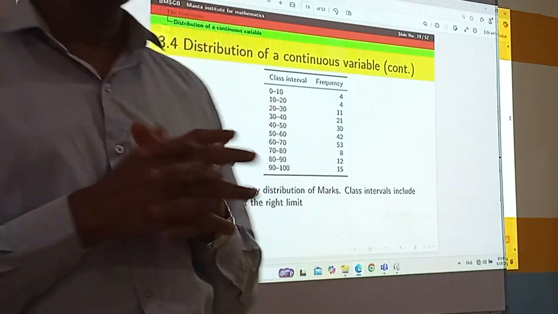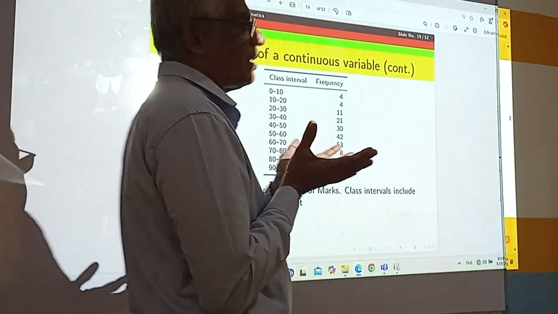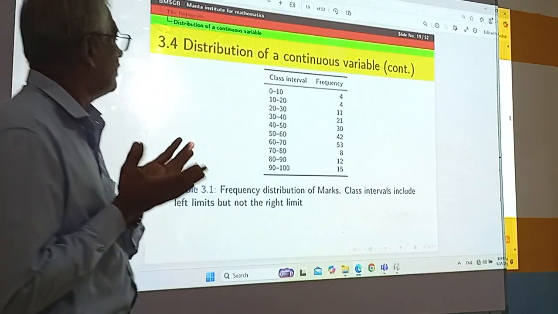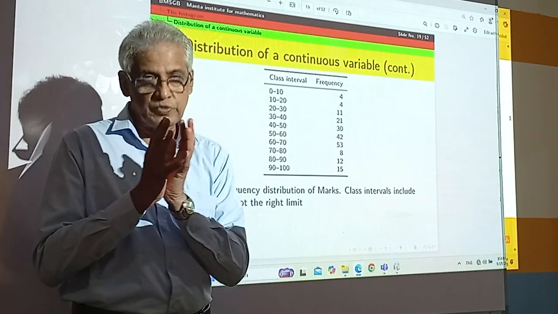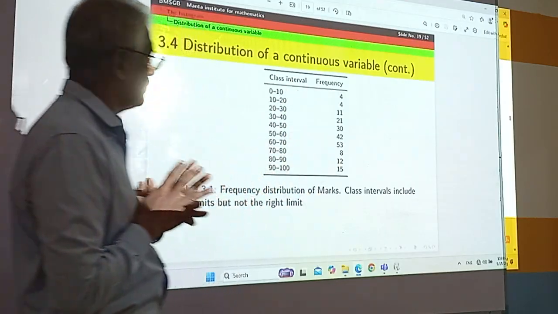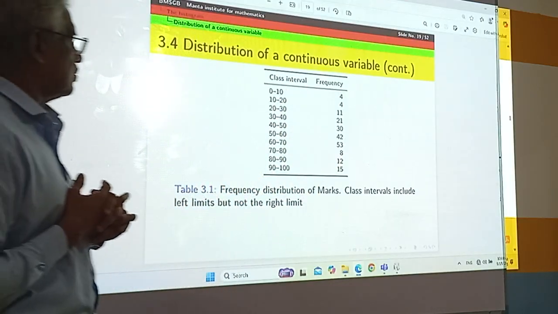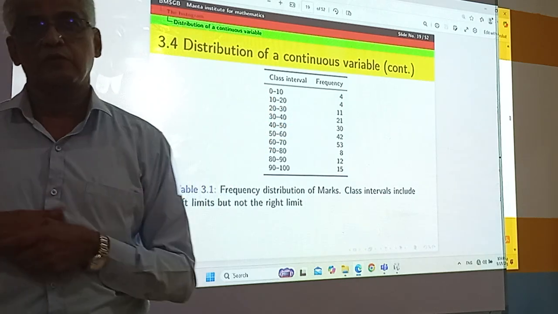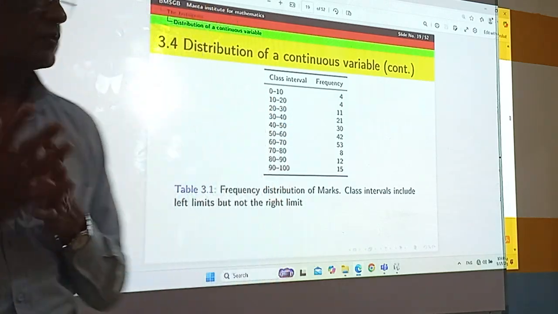Therefore, what we usually do is group them in some meaningful way and find out how many observations are within each group. This is called a grouped frequency distribution.